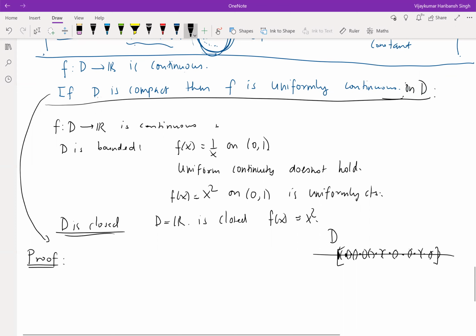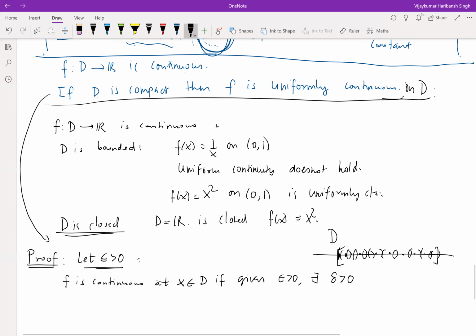So let's prove that. Let epsilon greater than 0 be given. For this epsilon, we want to prove the uniform continuity. All right, so this is a starting point. Now, f is continuous at x belonging to D if for given epsilon greater than 0, there exists delta greater than 0.